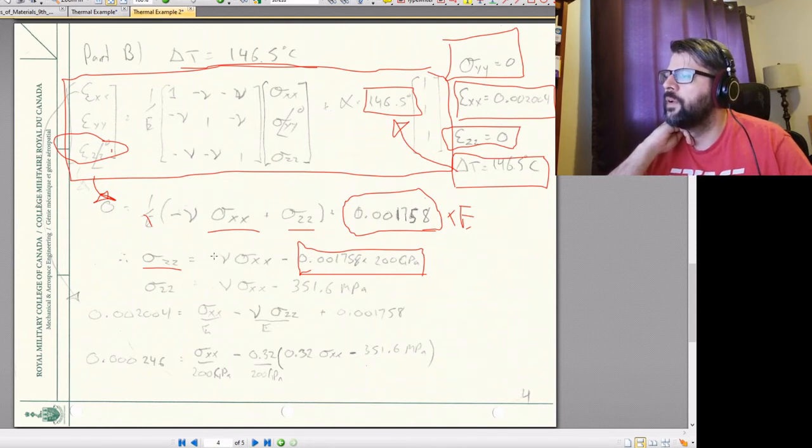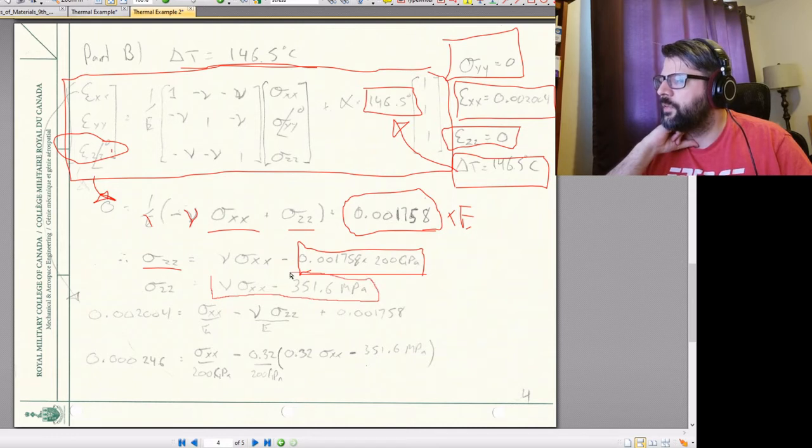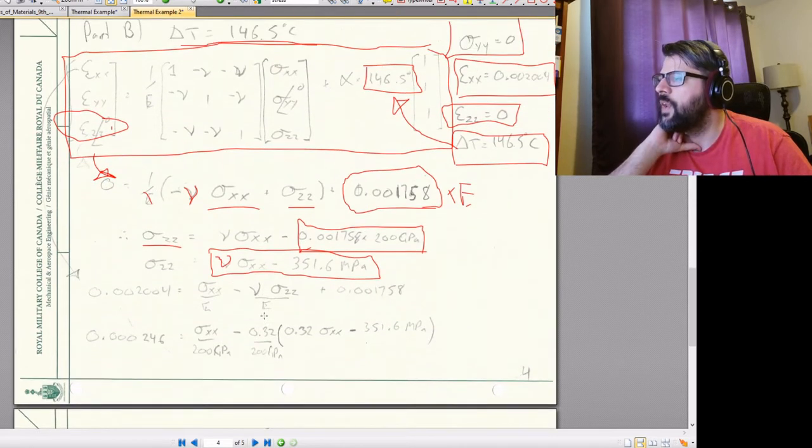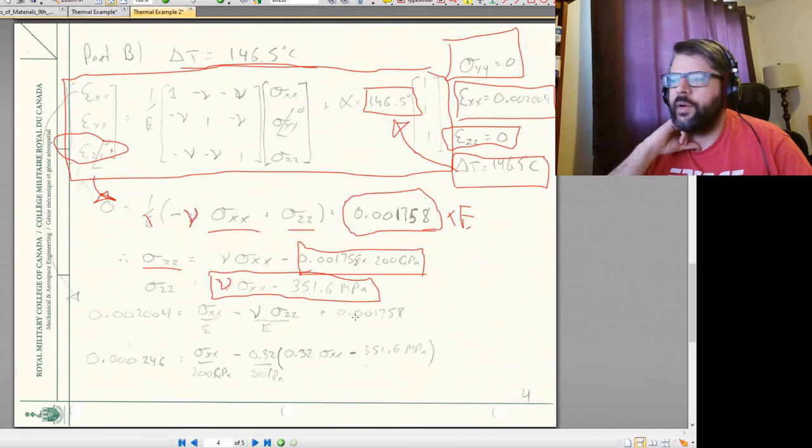So subtracting the negative Poisson's ratio times x stress turned that positive, and this turned negative, and then we're able to solve for the stress in the z direction easily in terms of this constant and this other constant times the x direction stress. And I could have easily plugged that in there too, but I didn't bother yet.